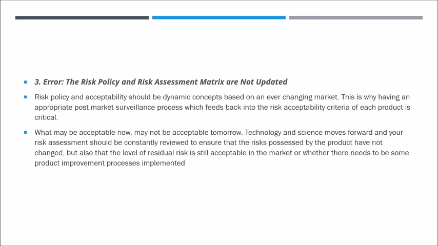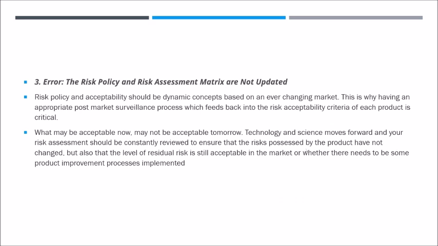This is key for looking at development of products. You need to be aware of what the market is around you, so then you can go back to your risk assessments, look at your level of residual risk, and then re-look at your benefit cost analysis of that residual risk.